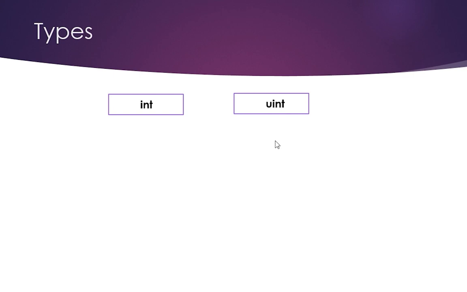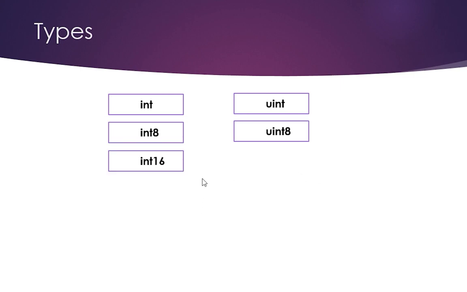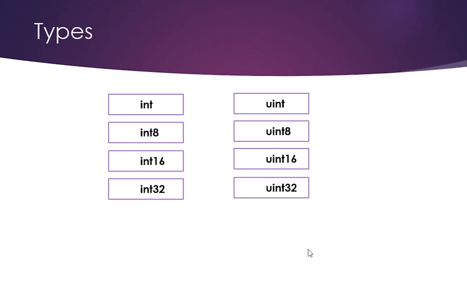And they are of various types like int8, uint8, int16, uint16, int32 and uint32. Those numbers are nothing but the integer bits, like that one is an 8-bit integer and that one is an 8-bit unsigned integer, and so on. They do not range only up to 32, but they are like uint8, uint16, uint32, uint64 and uint256. They are divided in bits.